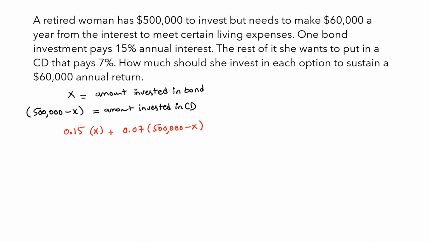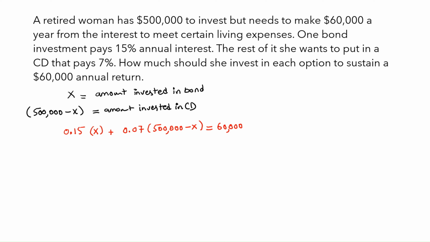That is all the rest of the money that is not invested in the bond is being invested in the CD, and she is expecting a return of $60,000. Now, this is our linear expression that is created from the word problem provided above.